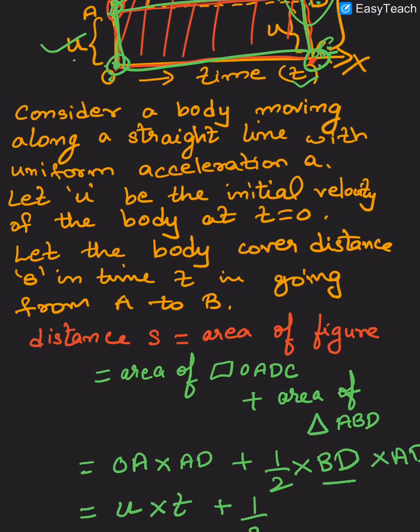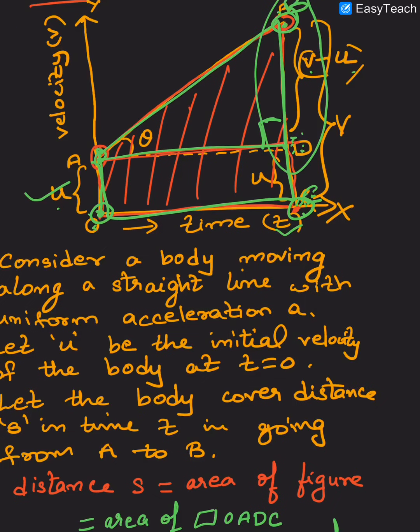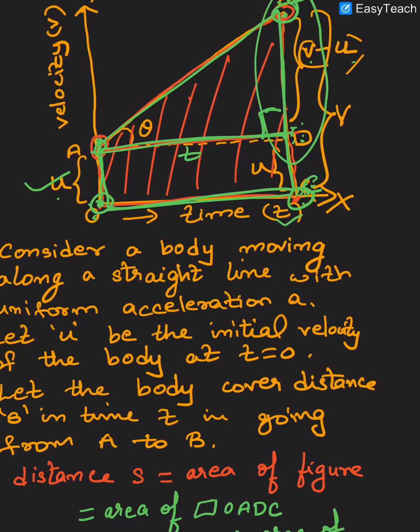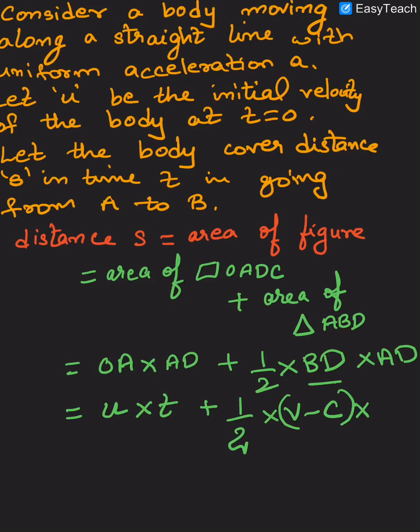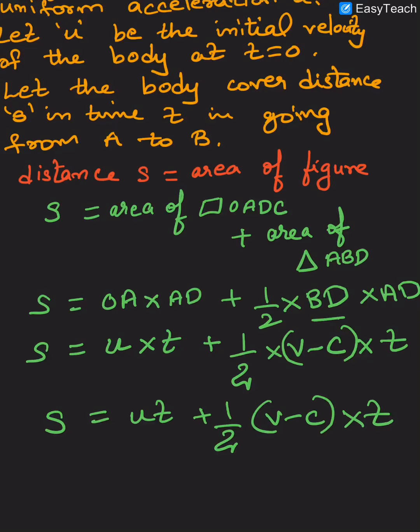So I will write this as half into (v minus u) is your BD. And AD is given by time, t. So what we get here, which is the distance, s equals ut plus half (v minus u) into t.